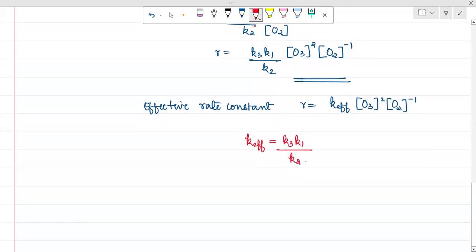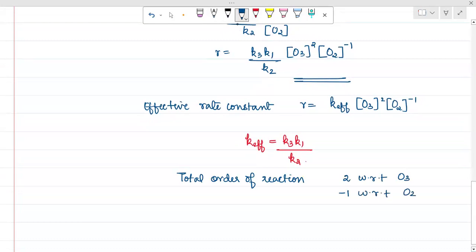What is the total order of the reaction? Total order of the reaction is 2 with respect to ozone minus 1 with respect to O2. So total order is 2 minus 1, 1. I hope it is clear.